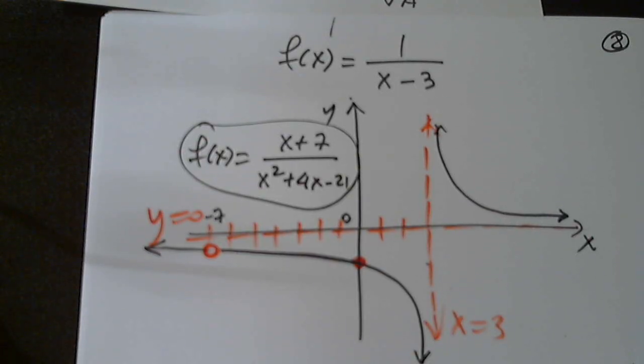Now, I will use the standard viewing window. If I need to zoom in to see that hole, I can. So I will use Zoom 6 standard. And here it is. The calculator is not showing us what we want to see, which is at negative 7. There is a blip, and it doesn't show.